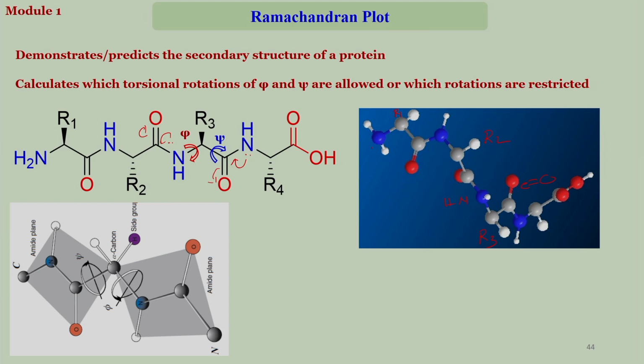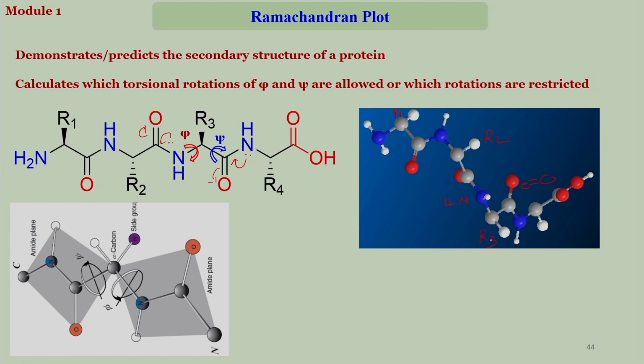Once you rotate this bond, everything present in this direction would rotate, and by changing the rotation, if you rotate this for example 180 degrees, then this CO will come in the opposite direction.